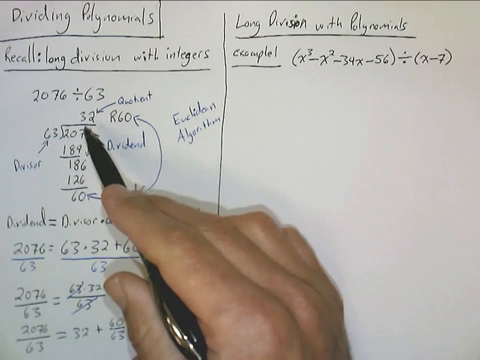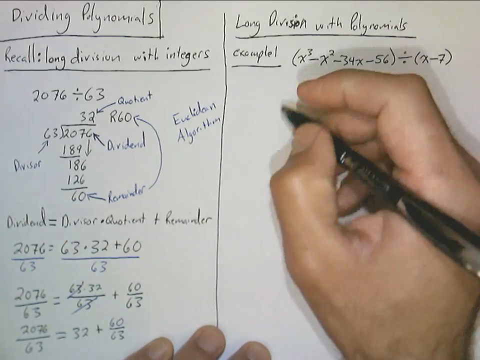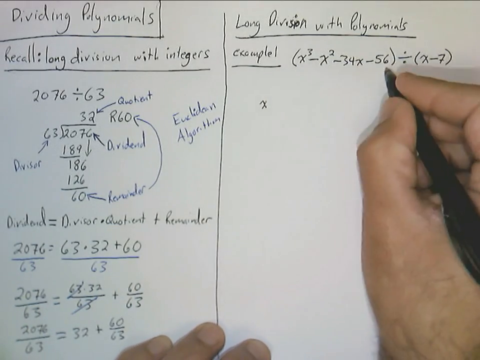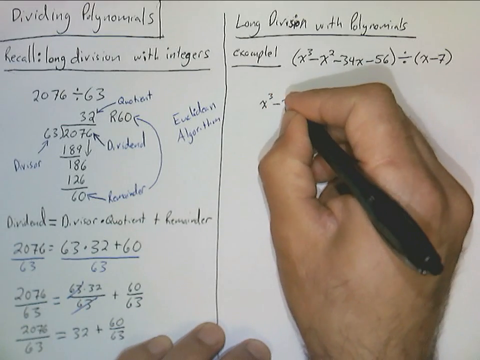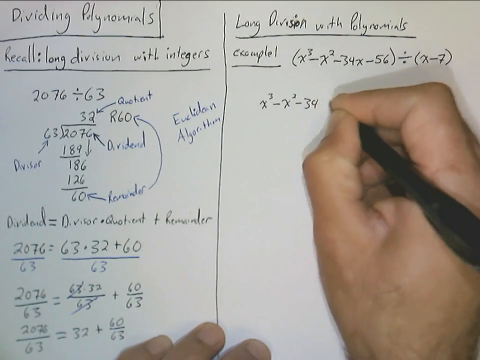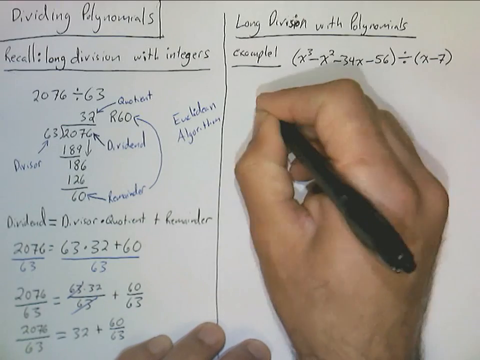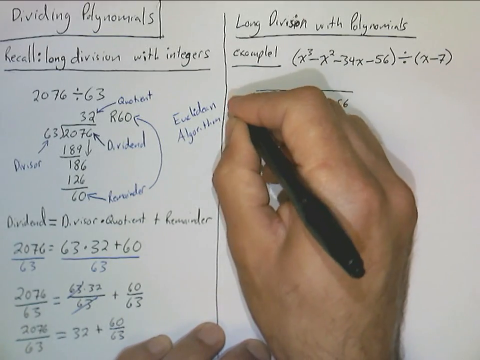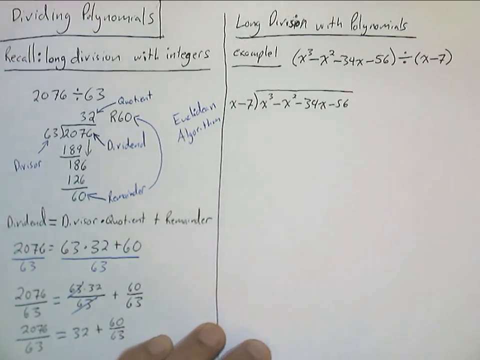We're going to set it up in the exact same way as this long division with integers here. We take our dividend, x cubed minus x squared minus 34x minus 56. I'm going to divide that by x minus 7.